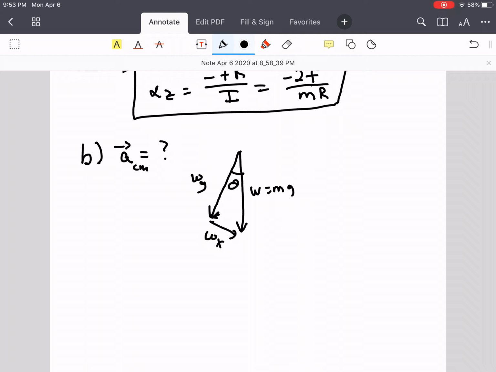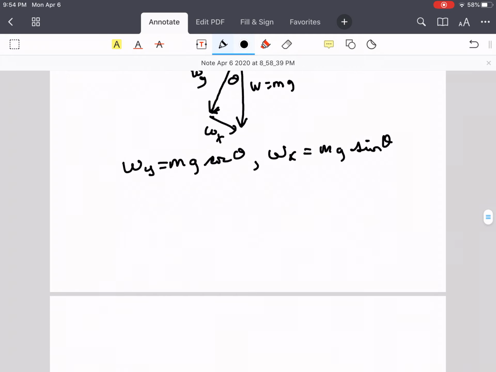And now I just do my usual trig. So in this case, Wy is mg cosine theta. Wx is mg sine theta. And I can just redraw that free body diagram. It's a circle, but it doesn't really matter at this point because I'm just doing linear motion.